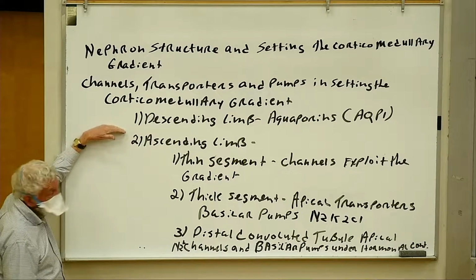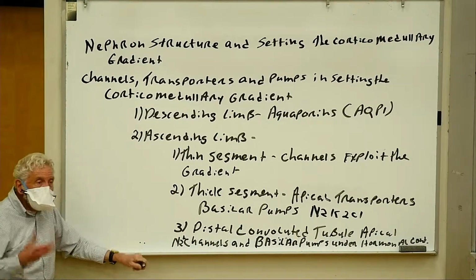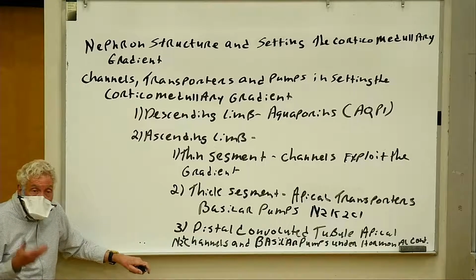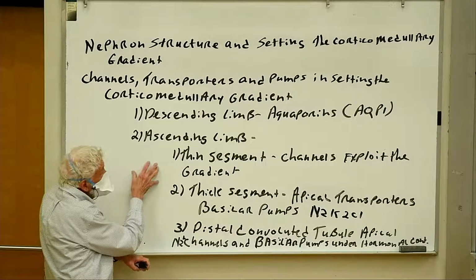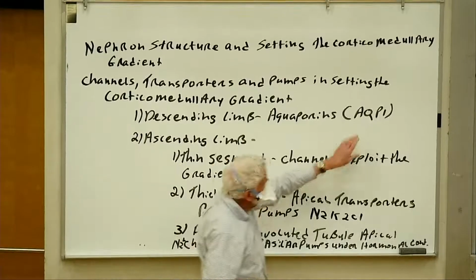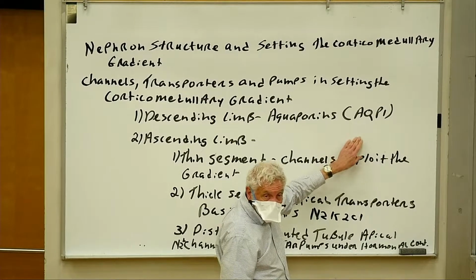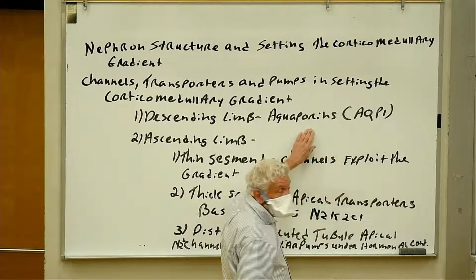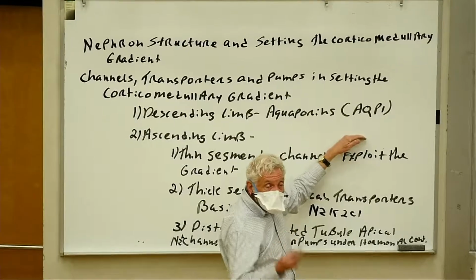One of the hallmarks of this discussion is that as we move from one epithelial cell to the next along the length of the nephron, we change the composition of proteins in those cells. The transmembrane proteins in the descending limb will be predominantly aquaporin, the water channels, to draw the water into the interstitial space.